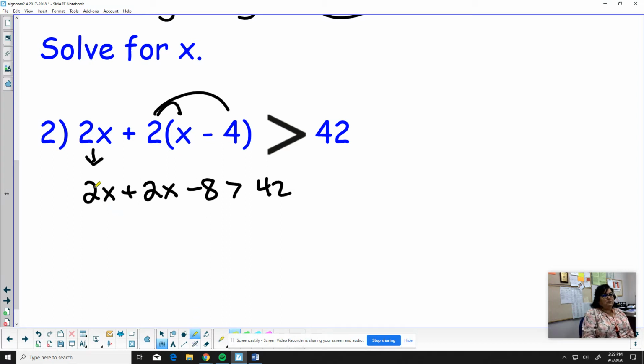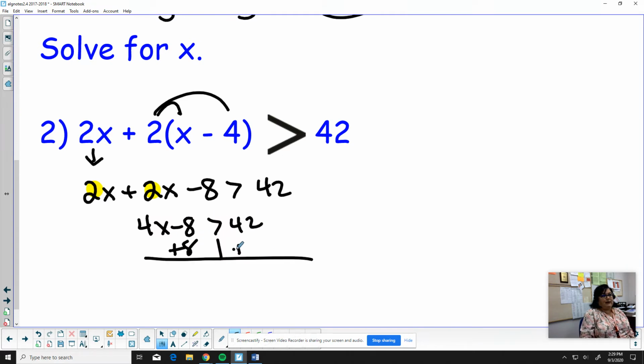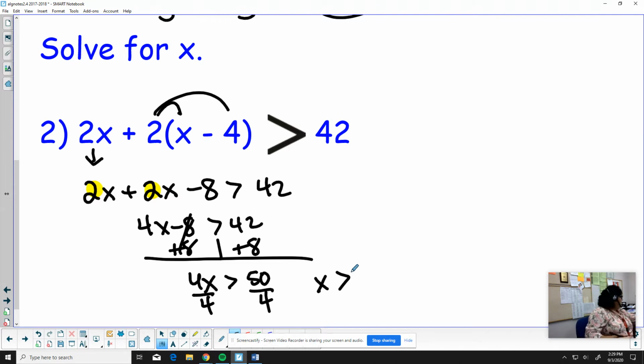These two are like, so I can combine them. So that's 4x minus 8 is greater than 42. So I'm adding 8 to both sides. And that's 50. And then I divide by 4. Okay, and there's no flip. There's no flip because I divided by a positive.